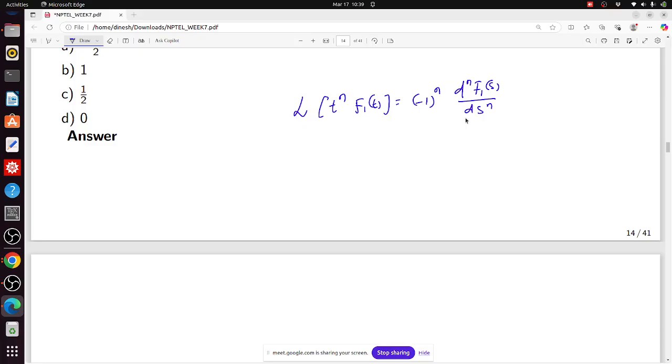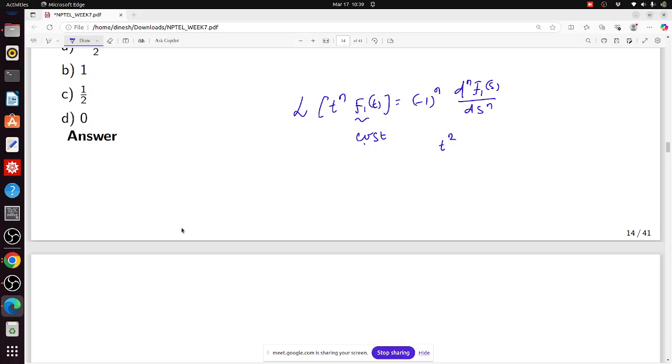Then let's see here, tⁿ f₁(t), where f₁(t) is cos t, and tⁿ here is given as t². That means we have to differentiate two times the Laplace transform of cos t.